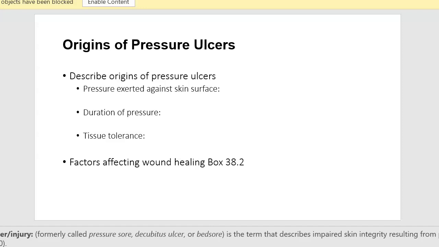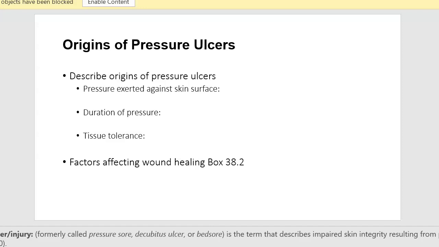But what happens when that pressure against the skin surface is exerted and exceeds 12 to 32 millimeters of mercury, the vessel occludes, which causes ischemia to the tissues, and the tissues don't have enough oxygen to do what they need to do.